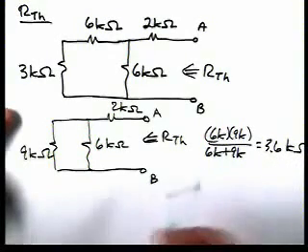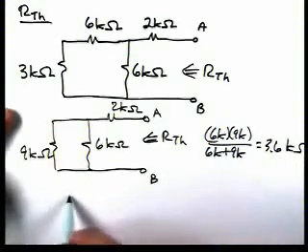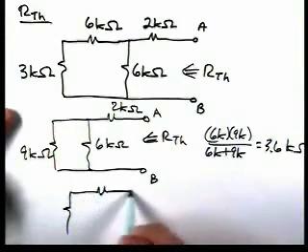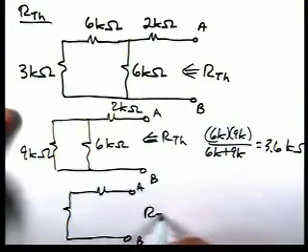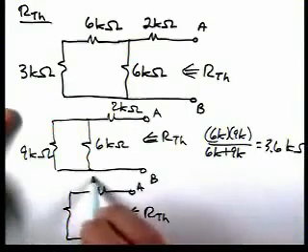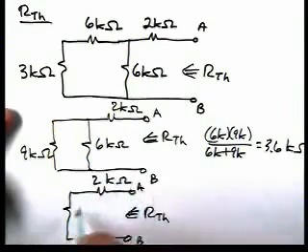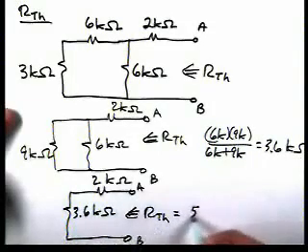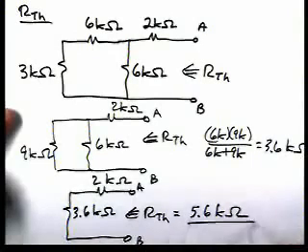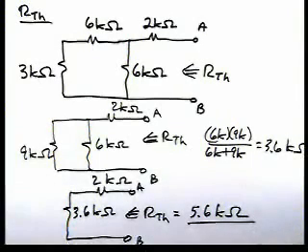Then R Thevenin, we can calculate from this circuit. We have 2 kiloohms plus 3.6 kiloohms, so R Thevenin is 5.6 kiloohms. So now we've calculated our Thevenin equivalent.